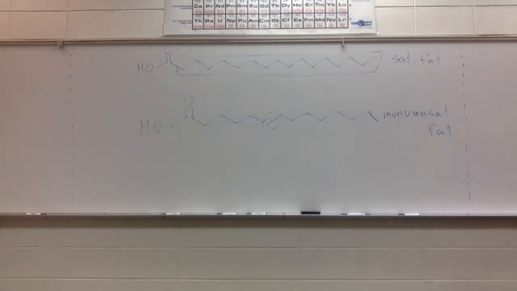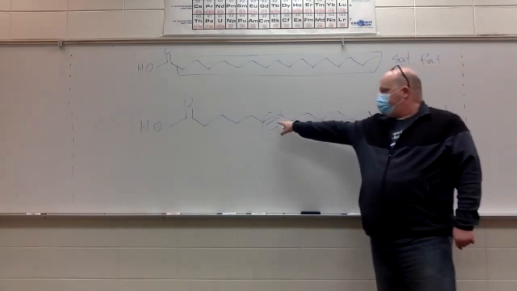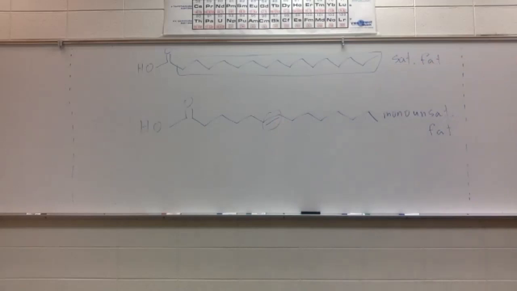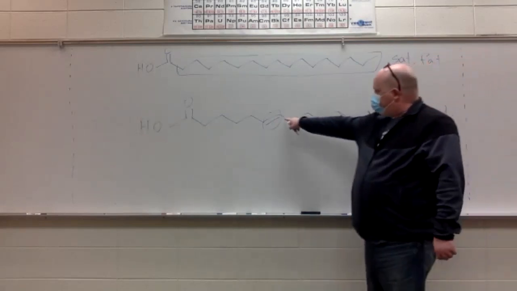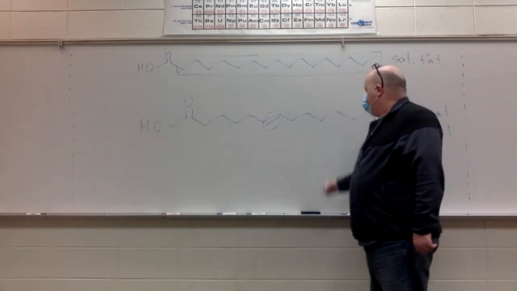There's another descriptor we can put on this based off of the stereochemistry around that double bond. What is the stereochemistry around that double bond? Trans, right? This is trans. This bond is pointed one way, this bond is pointed the other.